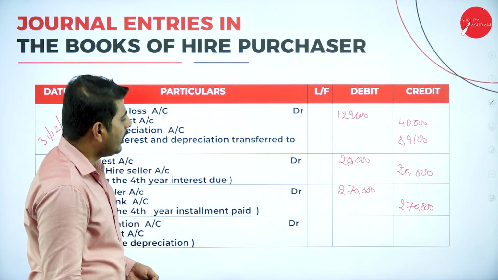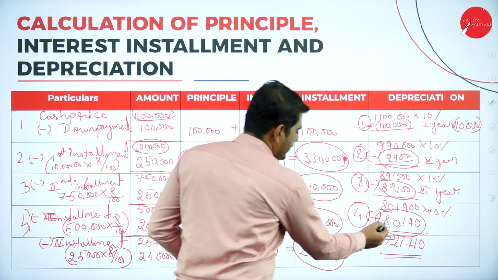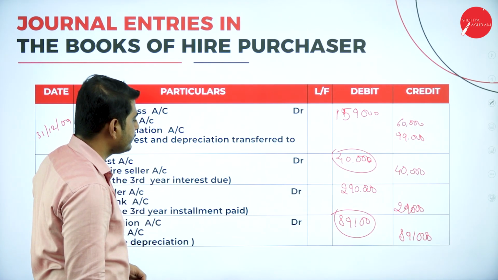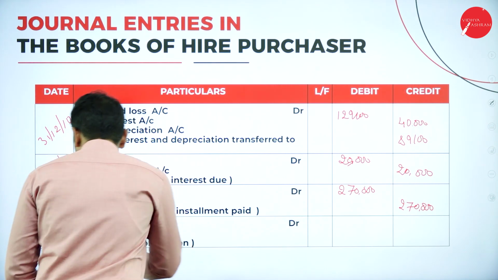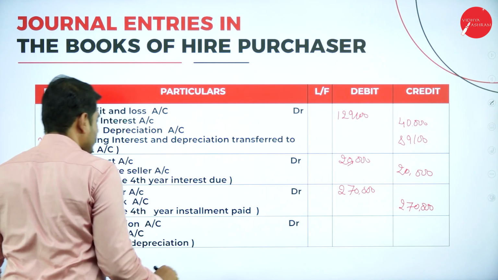Now the last year's depreciation. Let's check it. See, 80,190 is the last year's depreciation. Date 31st December 2011.